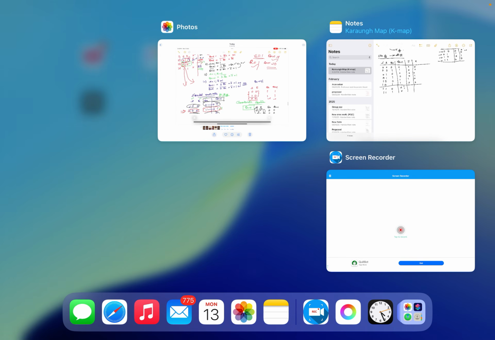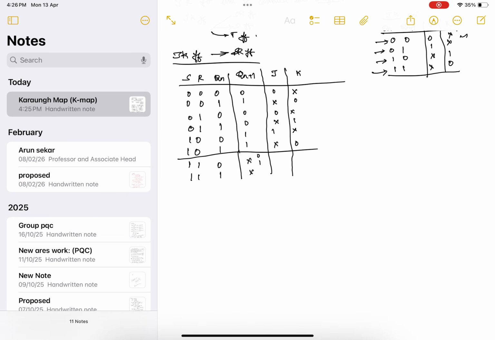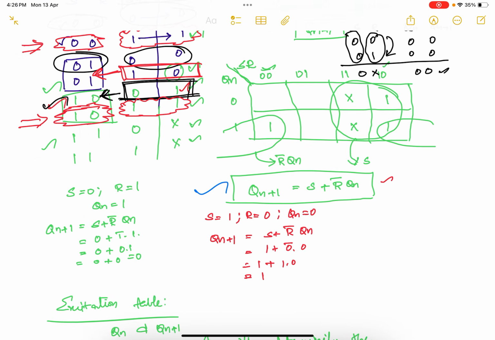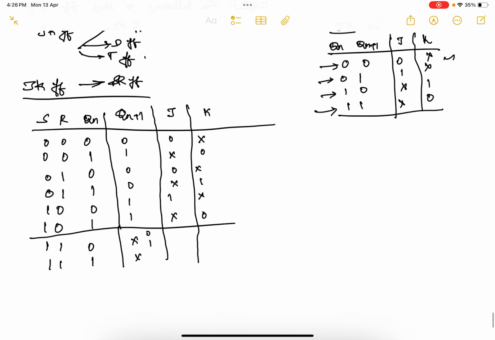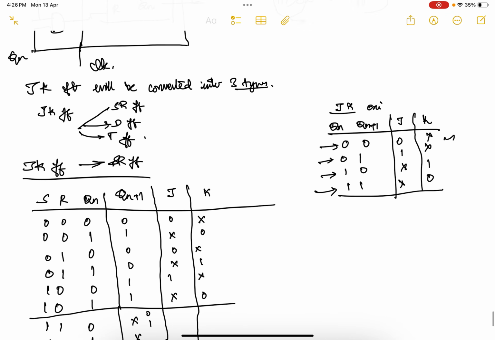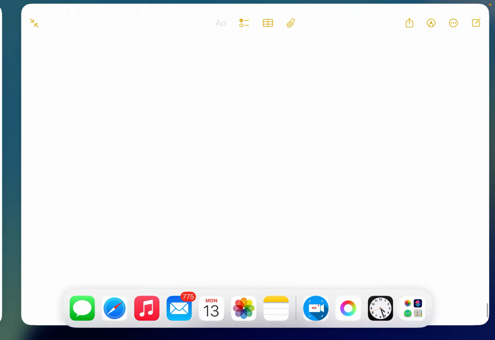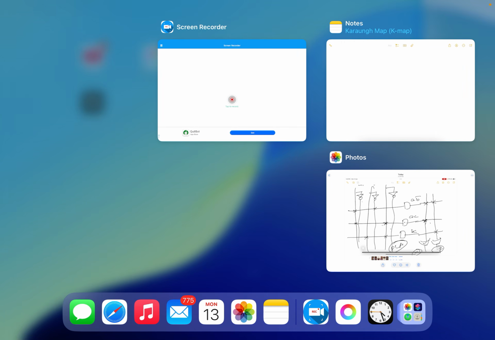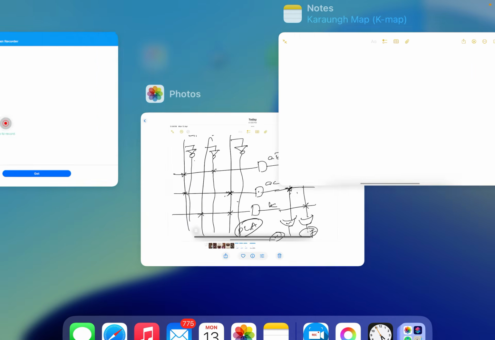The output, sorry, the SR flip-flop, where this is gone.